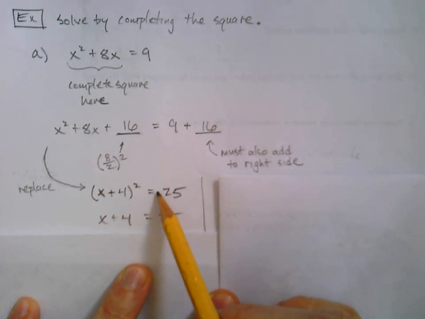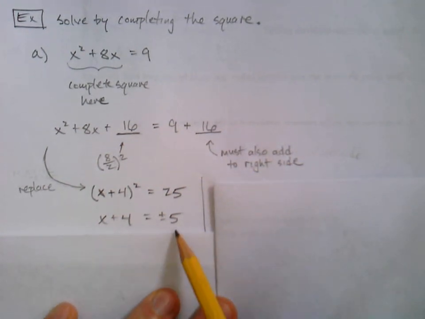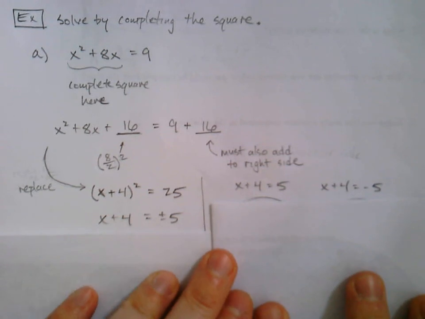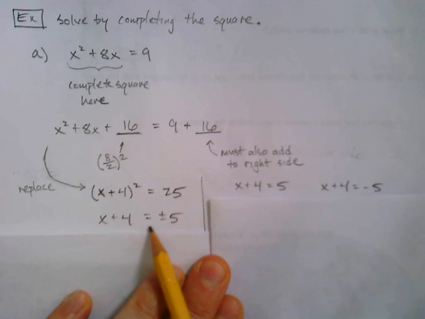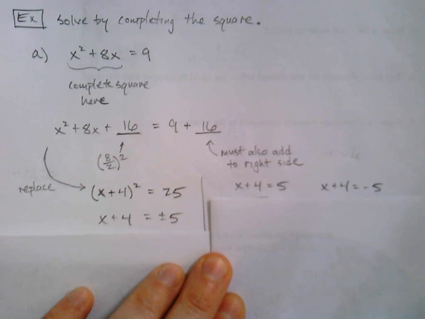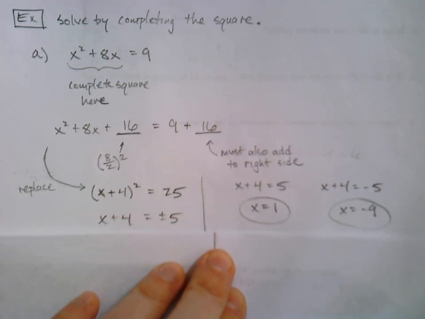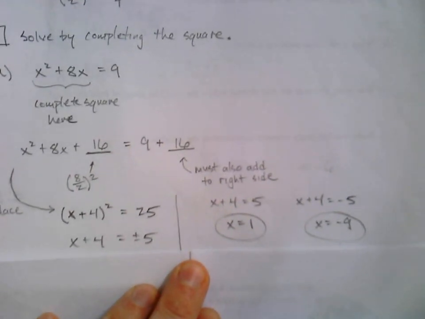Don't forget we need the plus or minus there. So square root of 25 is plus or minus 5. And because we're not done at that point, we then need to write the two statements, x plus 4 equals 5 and x plus 4 equals negative 5, separately. And the last step, subtract the 4 in both cases and we arrive at our two answers, x equals 1 and x equals -9.